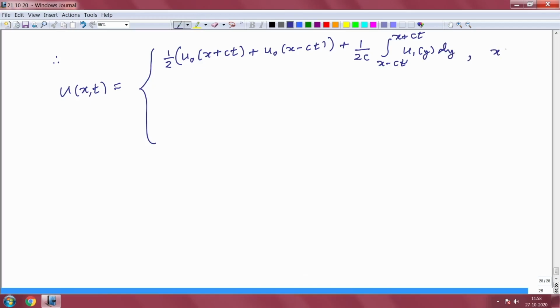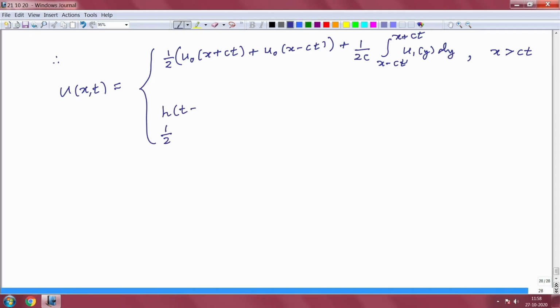This is for x bigger than ct. Okay. So, when x is less than ct, we obtain this one. So, there is a boundary term coming.